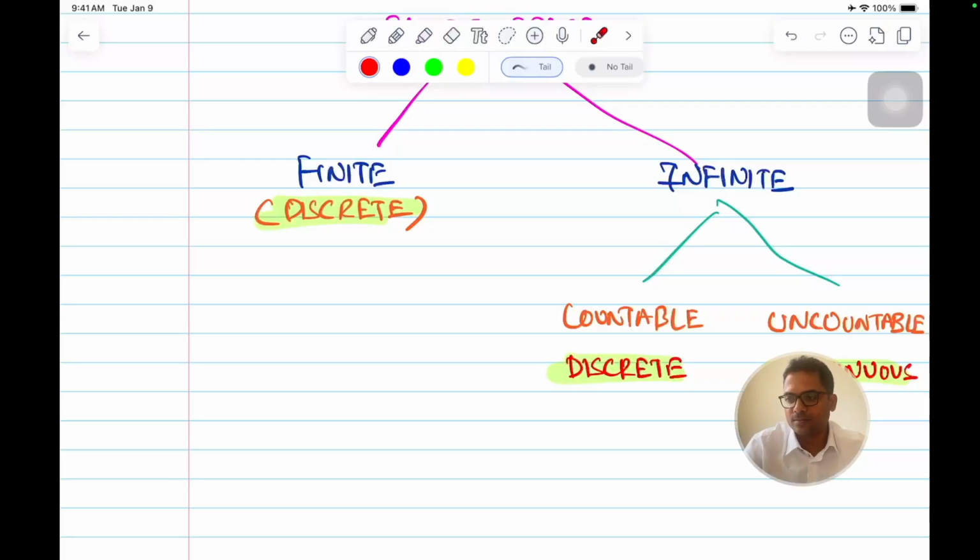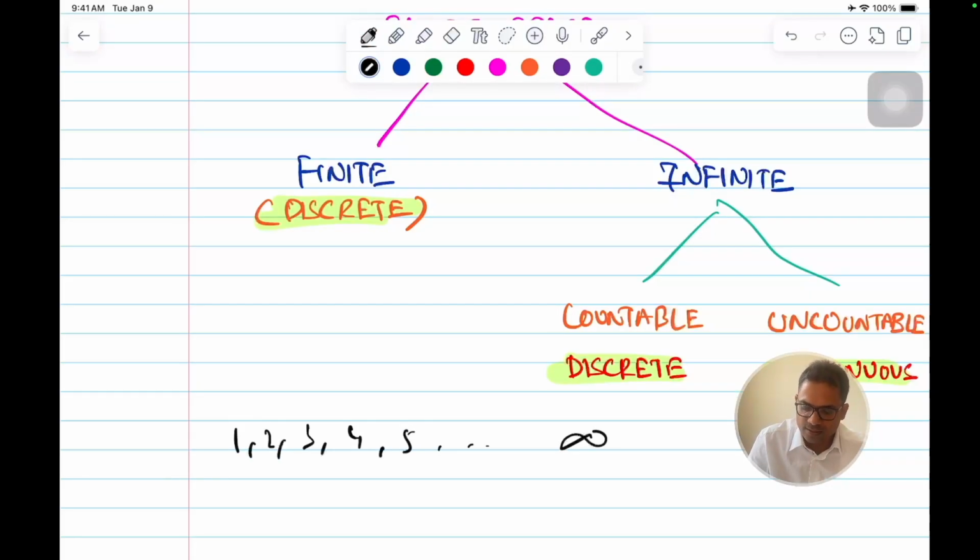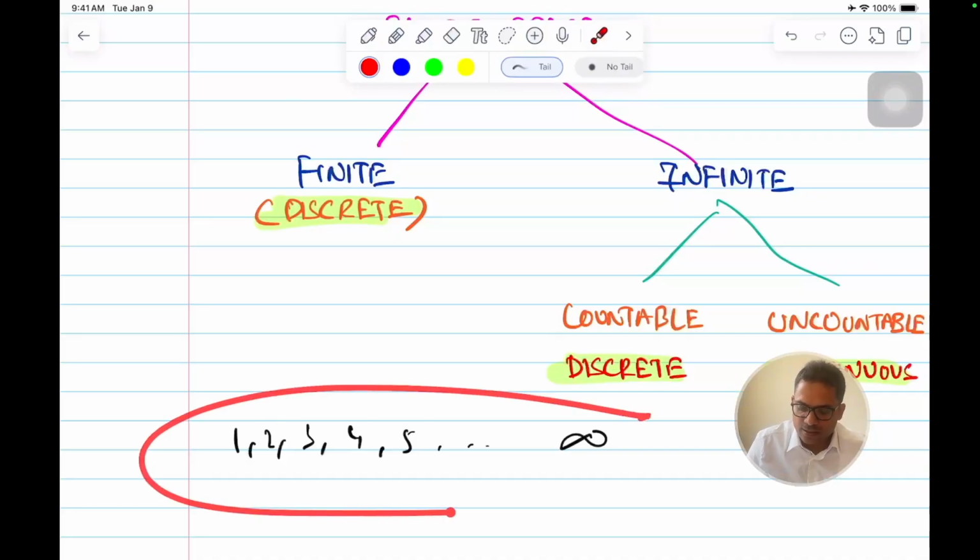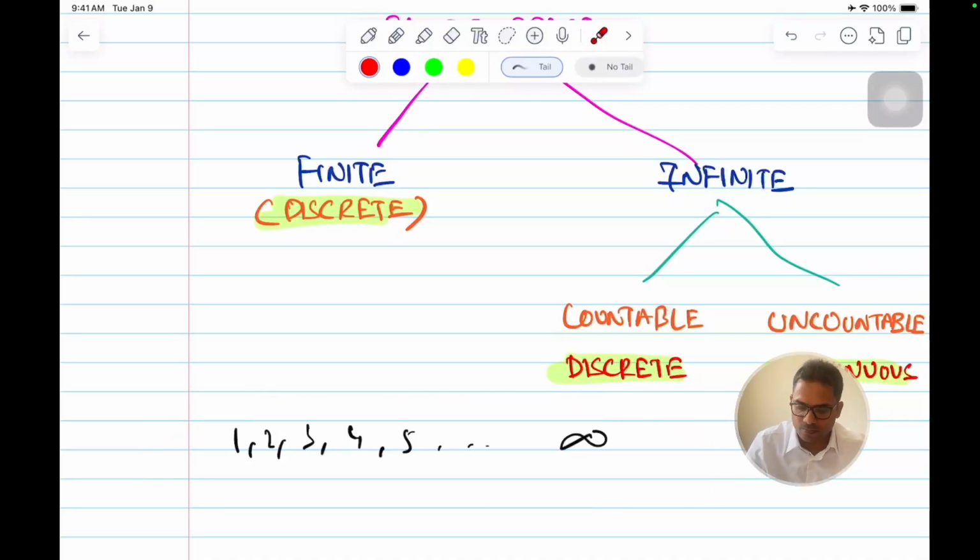For example, all the numbers on the number line, 1, 2, 3, 4, 5, 6, like this till infinity. These are countable, so this is also discrete.